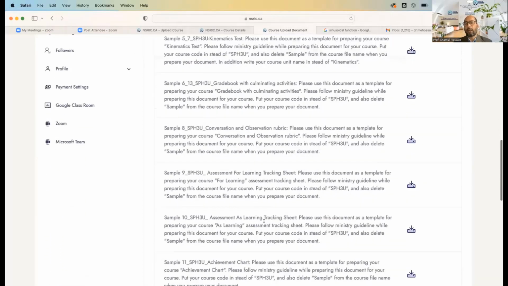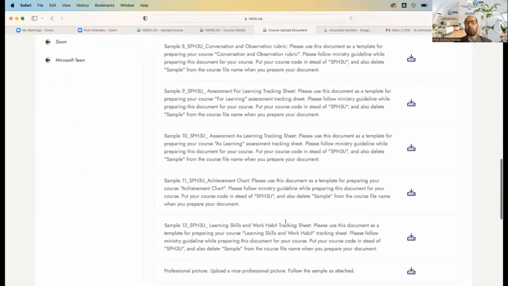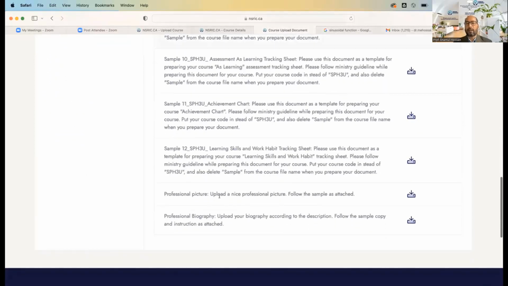And definitely we are recommending doing it before starting the course, so that a student will also be aware of it. Let's say a professional picture and professional biography should invariably be in your profile, in your dashboard, so that we can pull it for our team members.